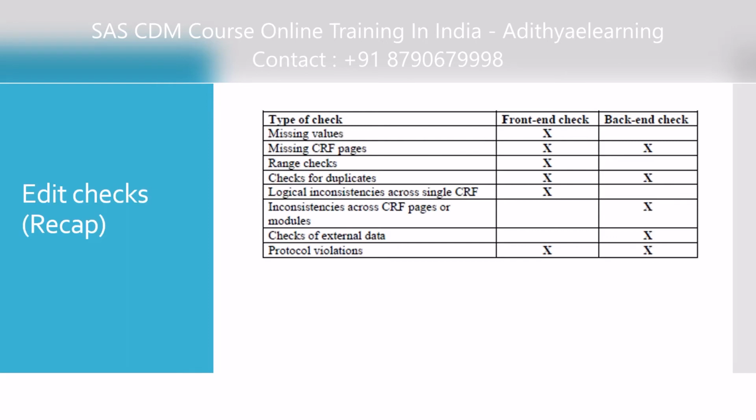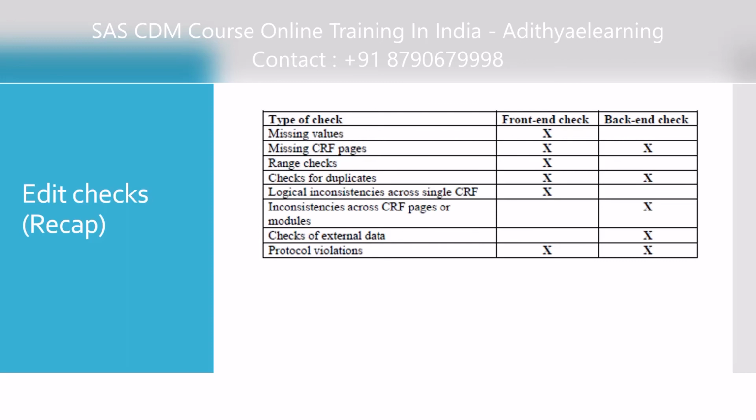Even so, you can program a check that prompts you whenever the answer to whether medication was taken for the AE is yes. Then for every yes you go and check the CM page, and if you see there is no medication, you generate a query and send it to the site. That is a complete inconsistency across CRF pages or modules.